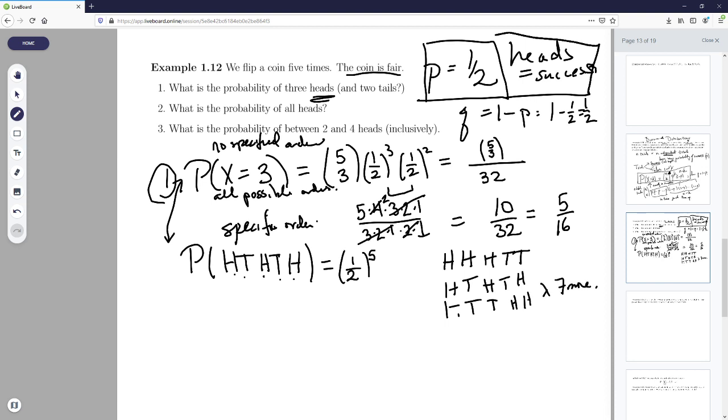I'm not going to list them all out, but the point is that there are 7 additional ones. Okay, so that's the difference between these two things. One of them is just a straight up multiplication principle like we talked about in the past. The other one is the binomial distribution. Okay, cool. So now what's the probability of all heads?